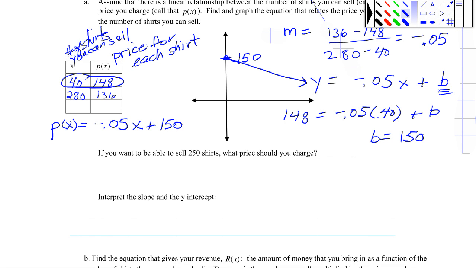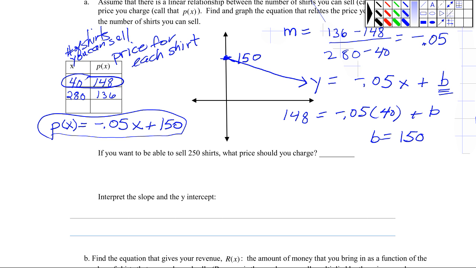Part 2 of why must it come down? The next question you can see is, if you wanted to be able to sell 250 shirts, what price should you charge? Well, remember, that takes us back now to the price equation.